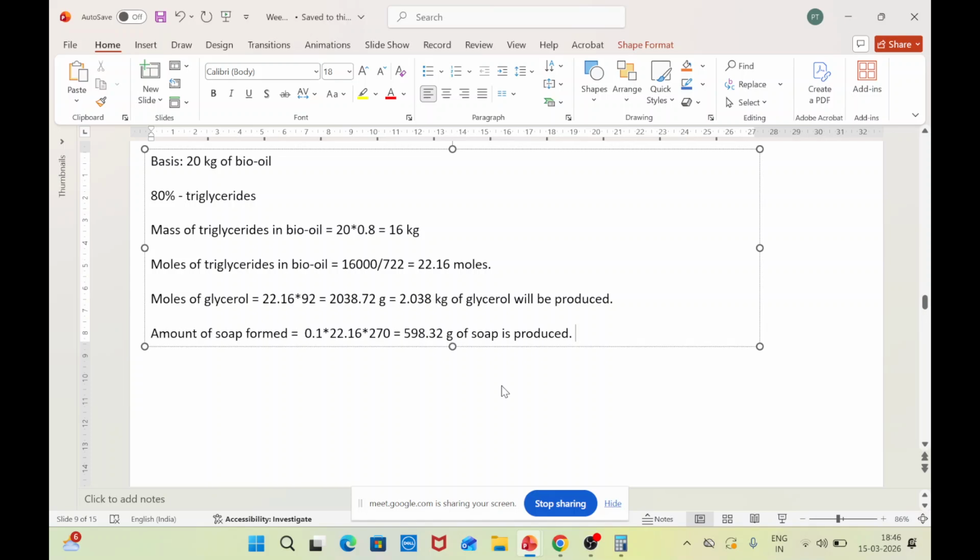Is this fine? This is the answer. Sorry, this should be the amount of glycerol, and this is the amount of soap that is formed.